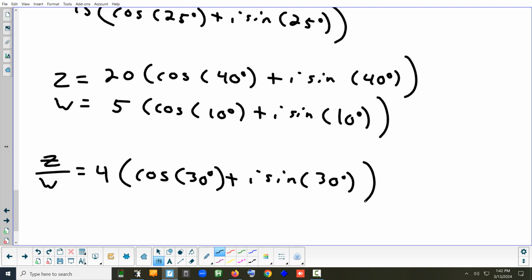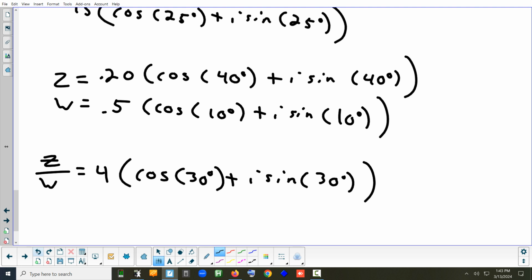Now, normally when you divide, you would have to find the conjugate, multiply top and bottom by the conjugate, do the foiling, change the i squareds, combine like terms. There's a lot of steps. To divide complex numbers in trig form, there's hardly any steps at all. Divide the two radii, subtract the two angles.